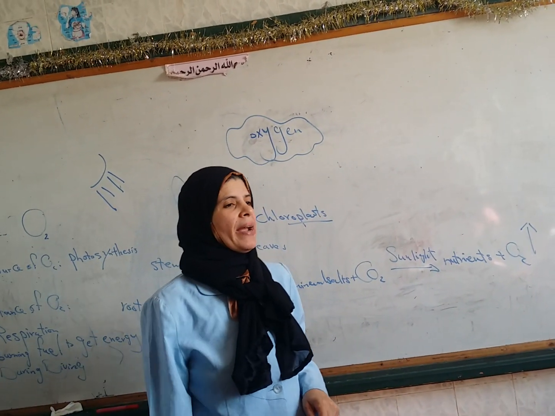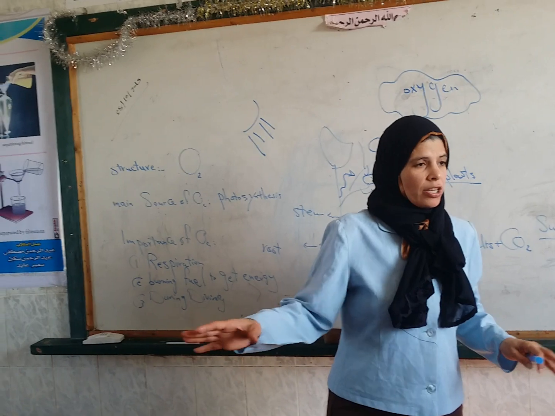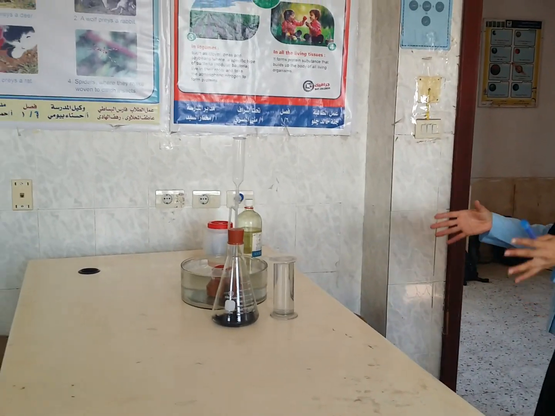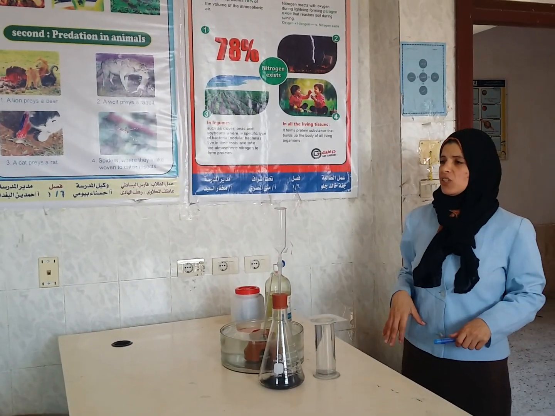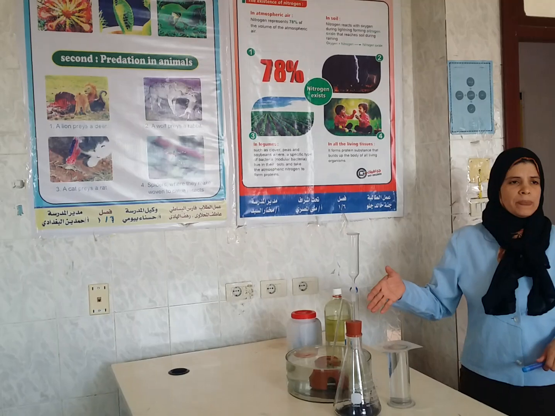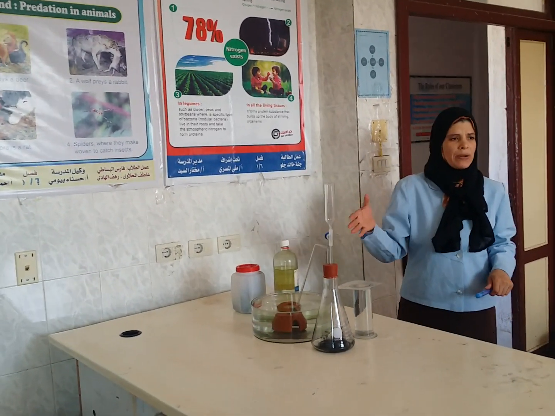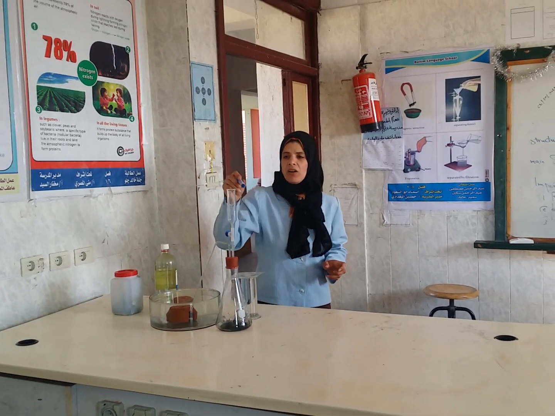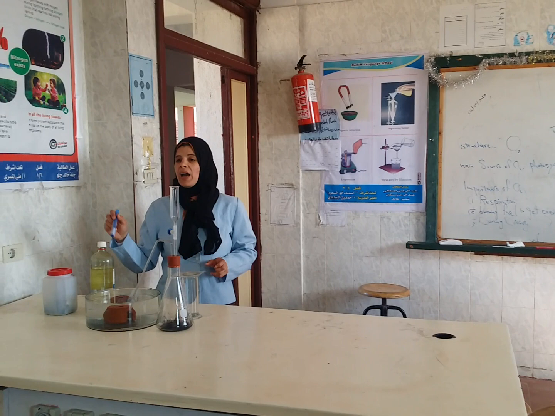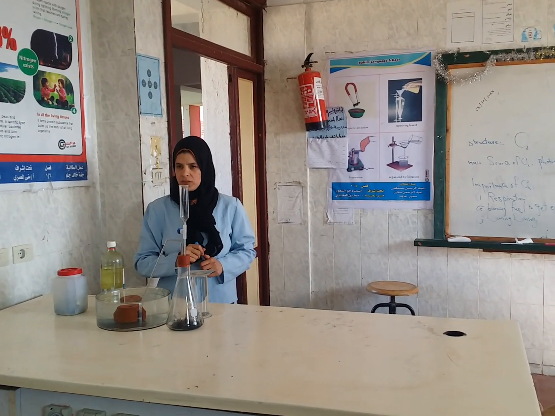How can you prepare oxygen? You have tools here to make the preparation of oxygen. Please pay attention. Set up this system. This apparatus consists of a funnel. Okay? In this funnel, we put hydrogen peroxide.